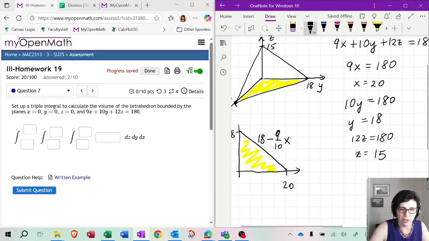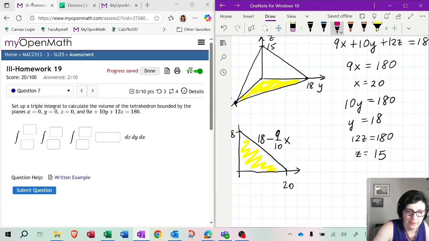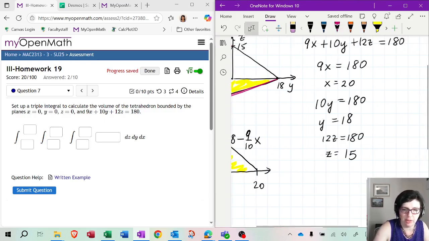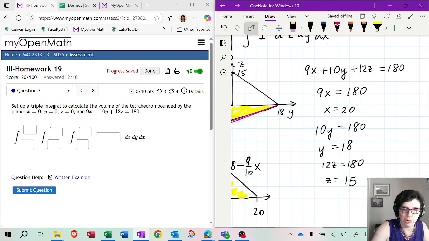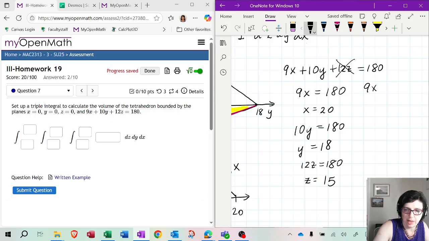There's another way you can do this, because this line also belongs to the tetrahedron. If you set z equals 0, and just imagine that the rest is not there, you get 9x plus 10y equals 180.